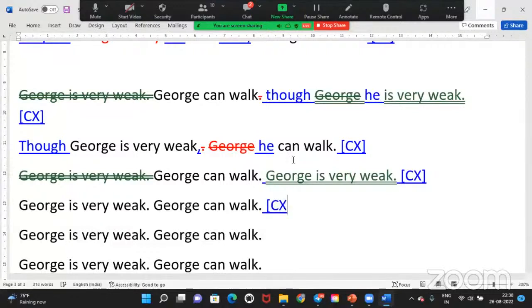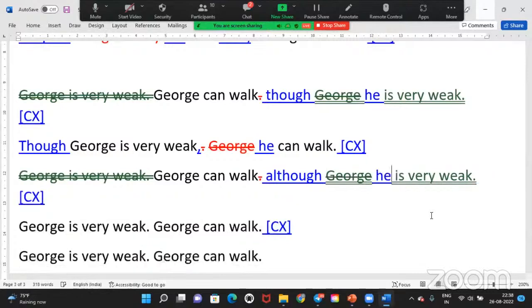So George can walk, remove full stop. Now here I'm not using though, I'm using although. Remove George, he. George can walk, although he is very weak. Instead of though, we are using although.